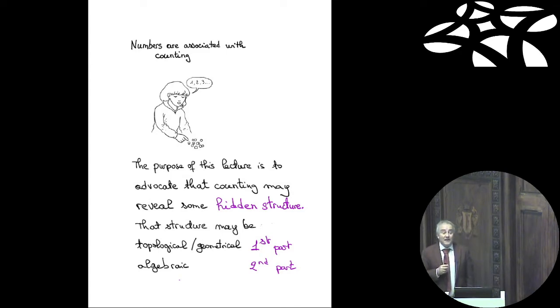And I think everyone agrees that number theory is related with numbers. Numbers are related with counting. And so here you see a small girl counting. So maybe these are small stones.